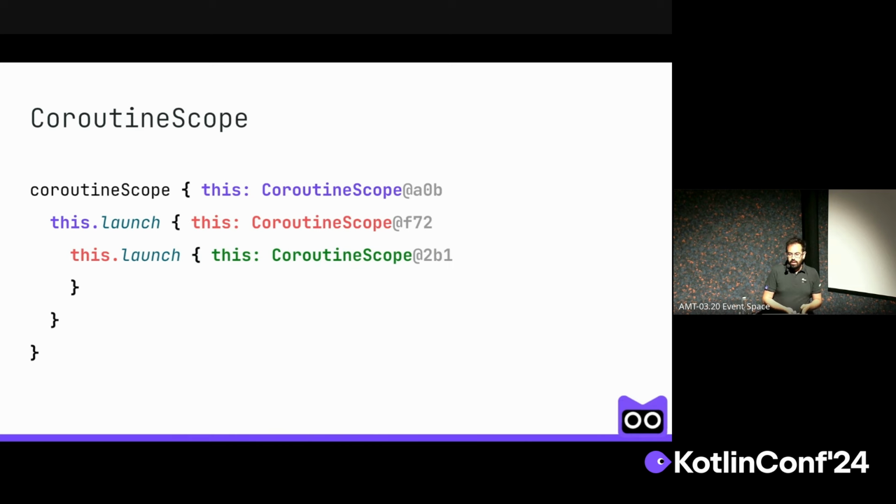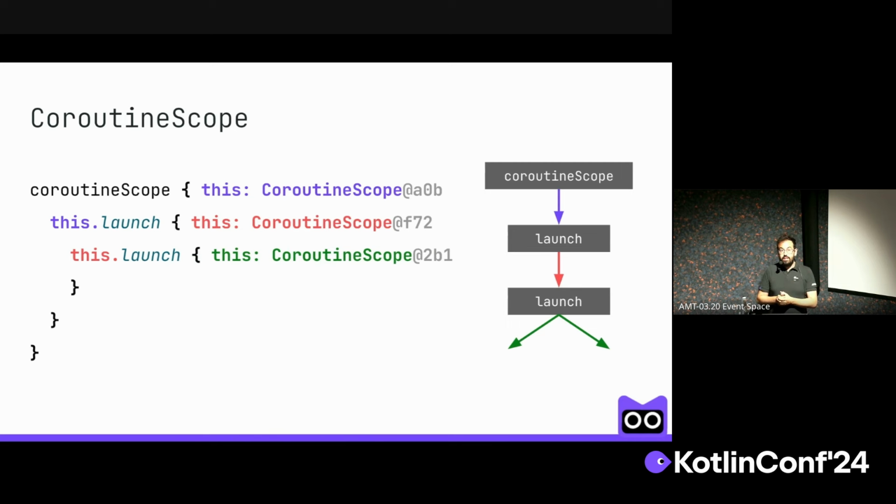So there are actually 3 different coroutine scopes, and when I call launch the first time and the second time, I'm actually doing this in different coroutine scopes. So we can see it a bit like this. So we have the coroutine scope, and then inside of this, we do the first launch. You see there with the purple arrow, with the purple this.